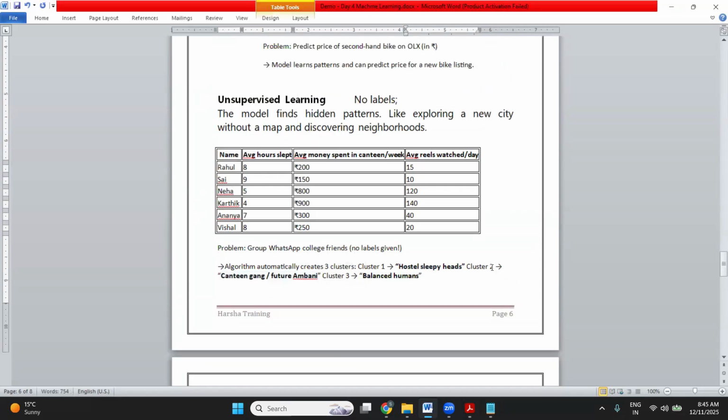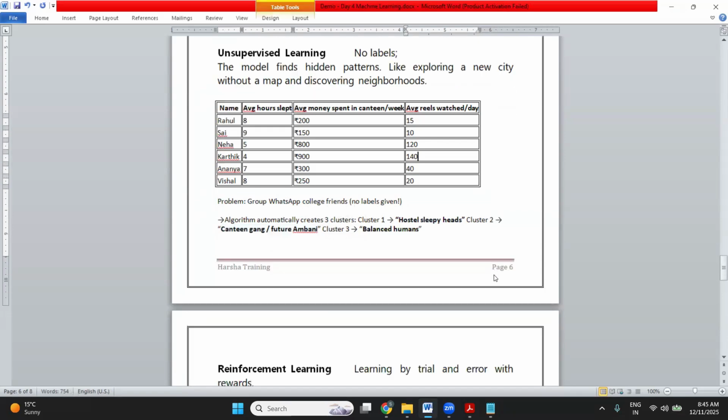So in the unsupervised learning model, we provide the data using which the machine learning algorithms will try to understand the patterns, and they will predict depending on the data. So what is the category of so and so persons who belong to a certain set of habits?